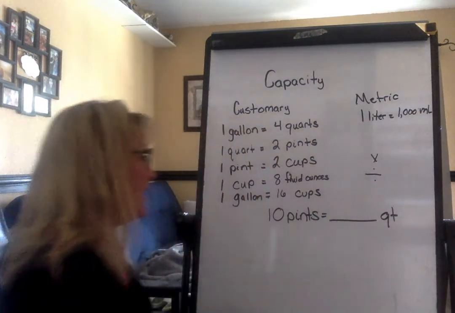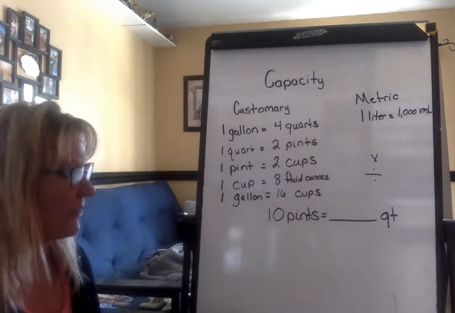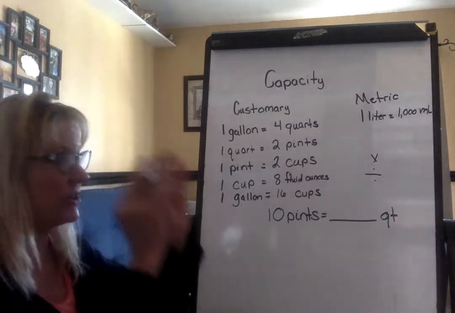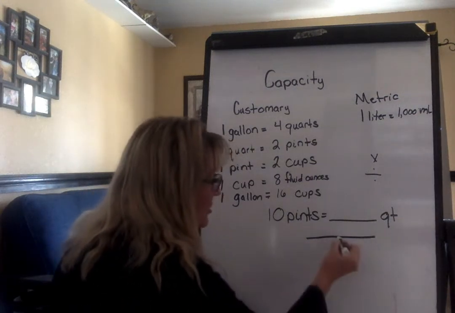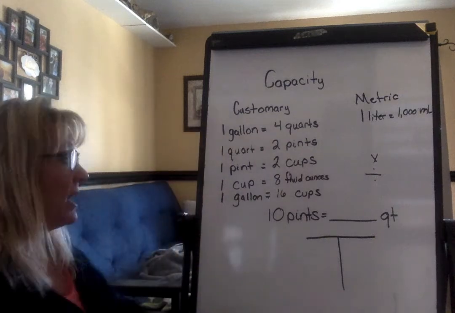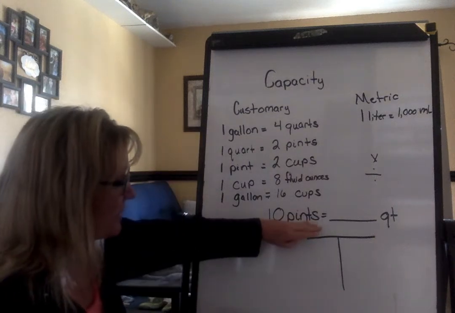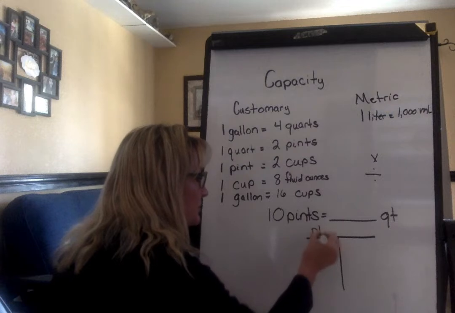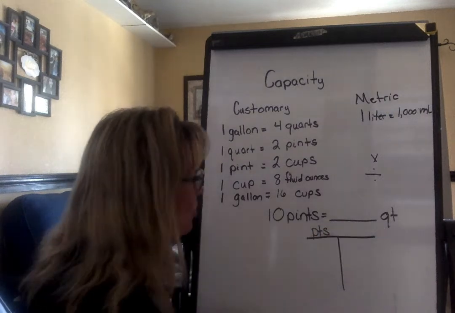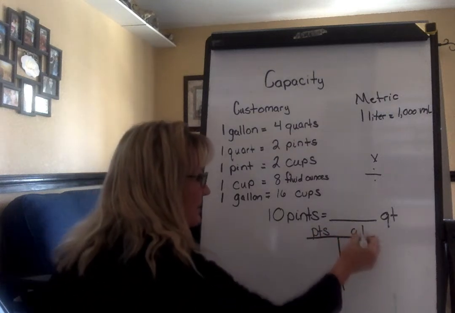Now, it looks a little different. I'm not going to freak out though. I'm going to go right back to my strategy. Before I let myself get freaked out, I just draw my T-chart. On the left side of my T-chart is the unit I know. I know pints, so I'll put it there. I don't know quarts, so it'll go on the other side.